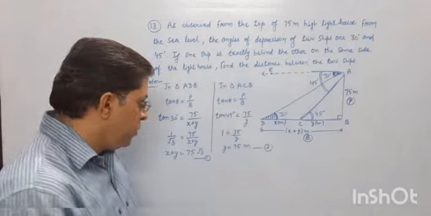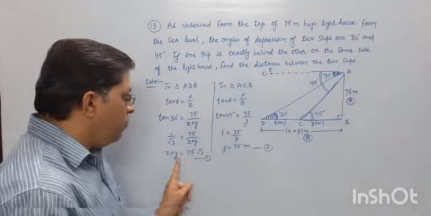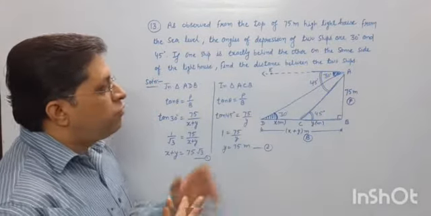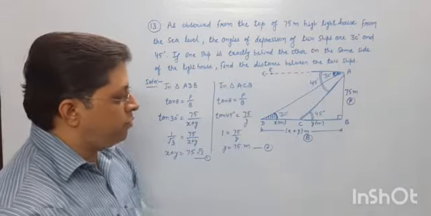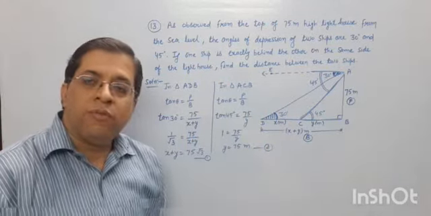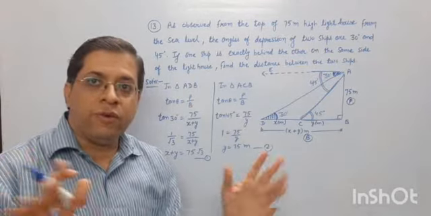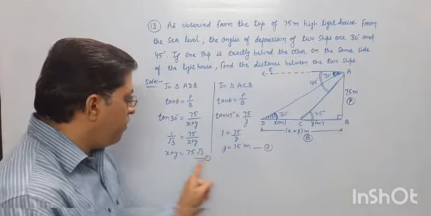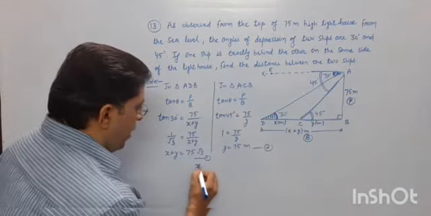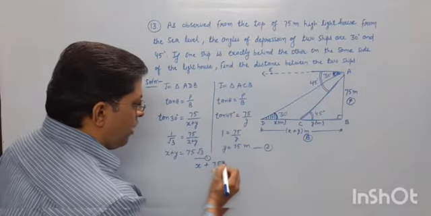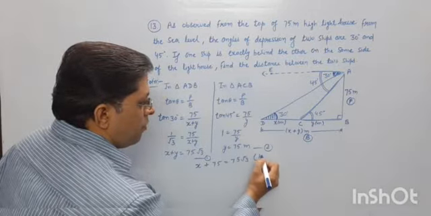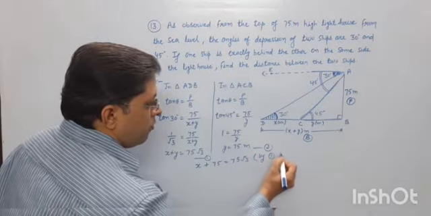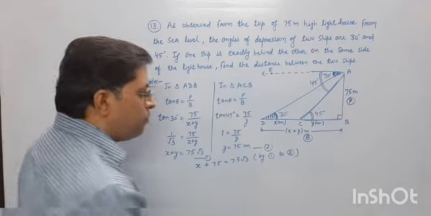Now what do we have to do? We have to put value of y here. What we have to find out? We have to find the distance between two ships. We have to find x. It means we have to eliminate y. It is very clear. I am putting y here. x plus 75 is equal to 75 root 3, by equations 1 and 2.